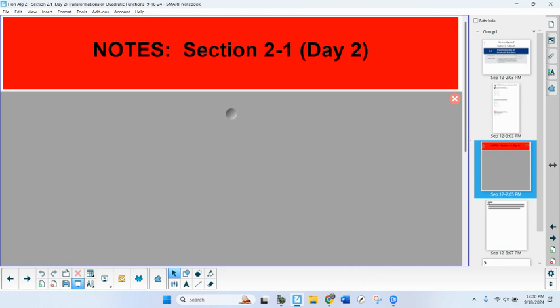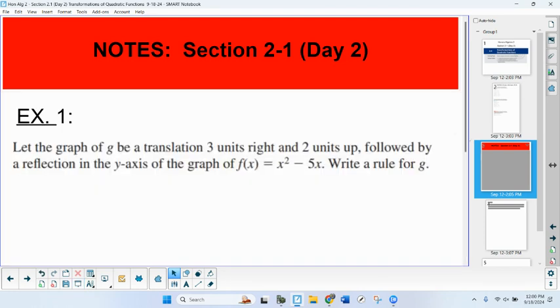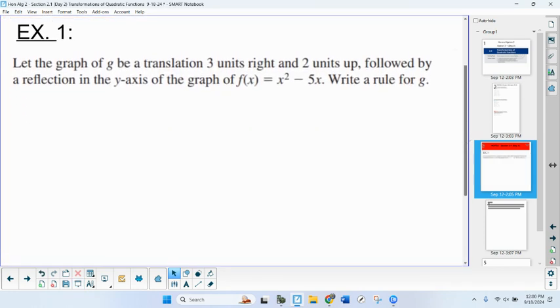By that I mean simplify, whether that means FOIL, distribute, or multiply, whatever it is that you have to do, clean up each one before you go on. That will be your biggest issue if you don't follow that tonight.